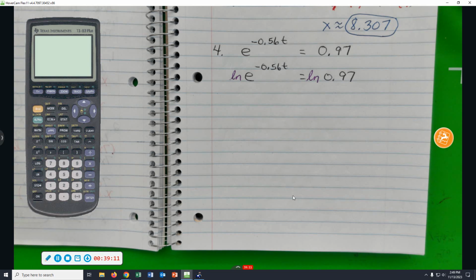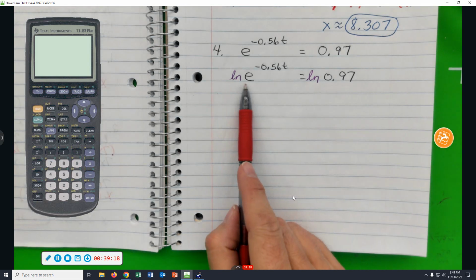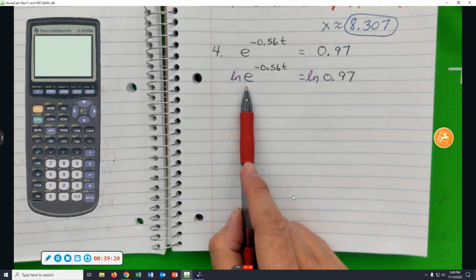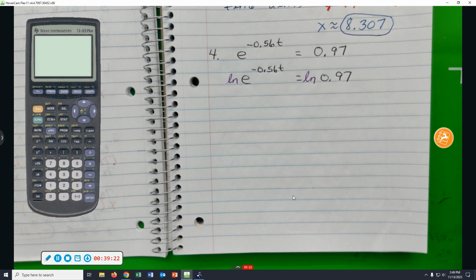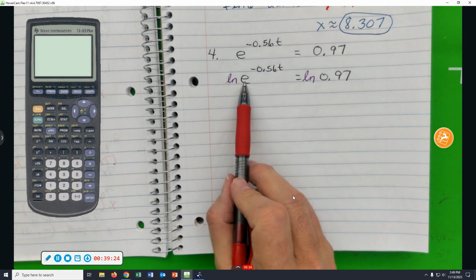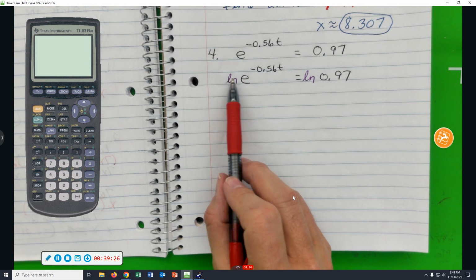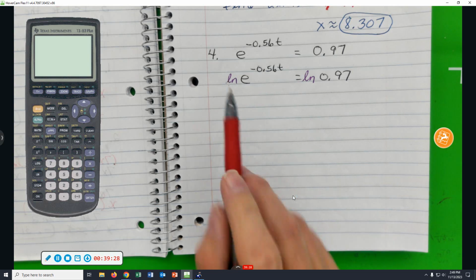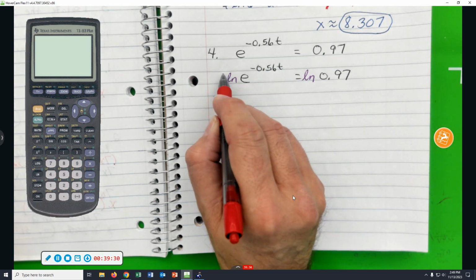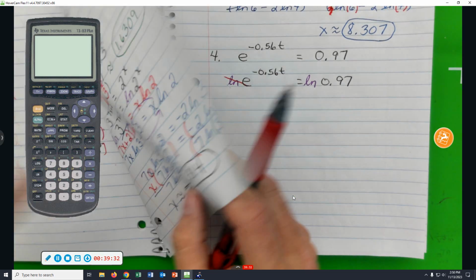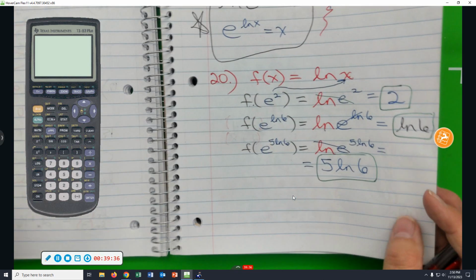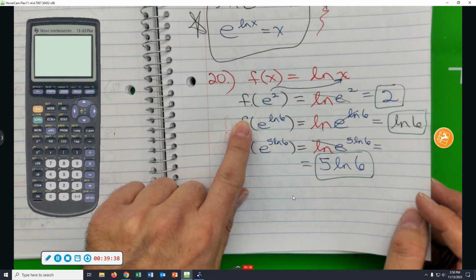This is actually going to work out really nice if you remember a rule about ln and e from the last class meeting. When ln and e are side by side like this, what happens? Cancel out. I think that was your last homework problem, number 20.